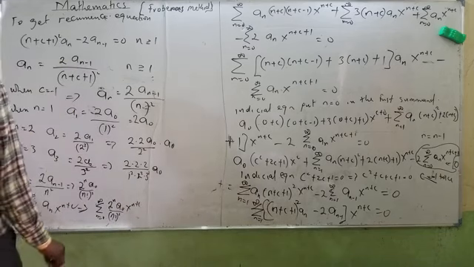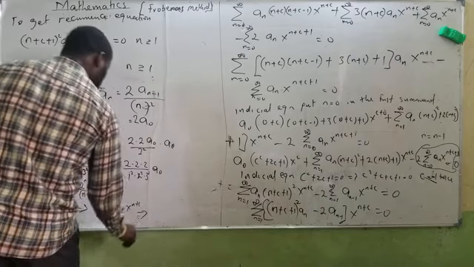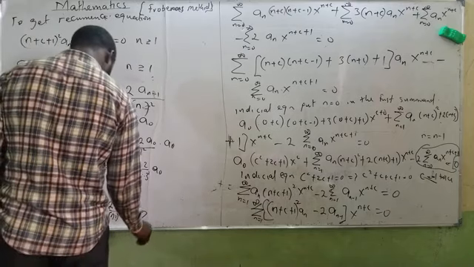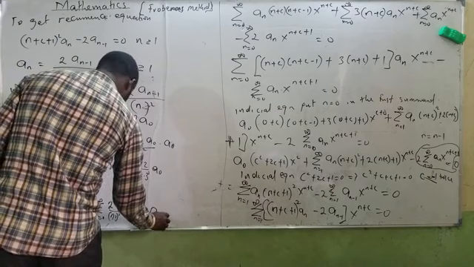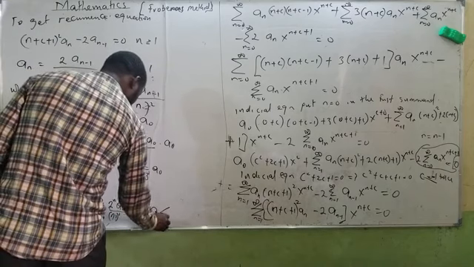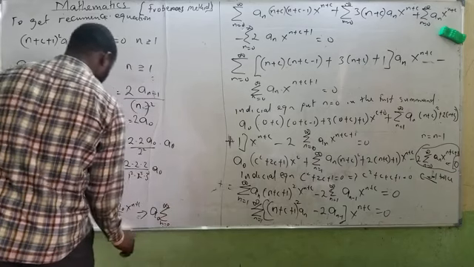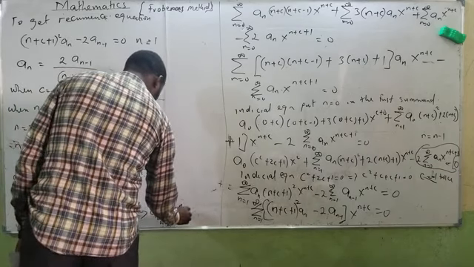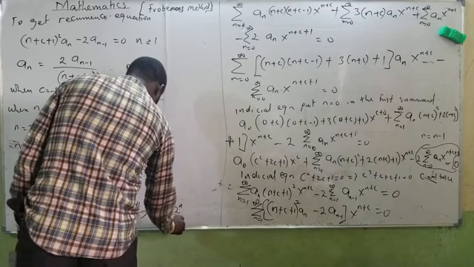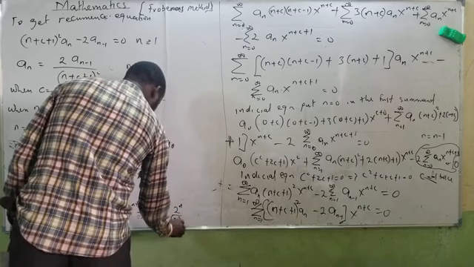My a naught goes out of the summation, with 2 to the n divided by n factorial squared.